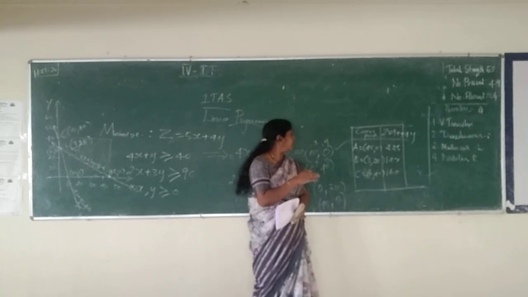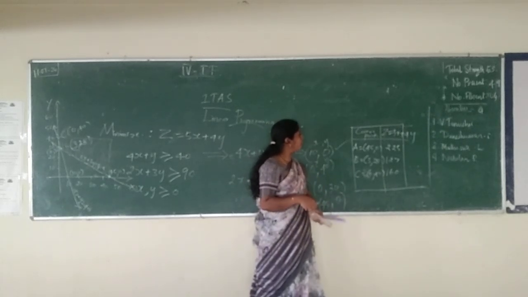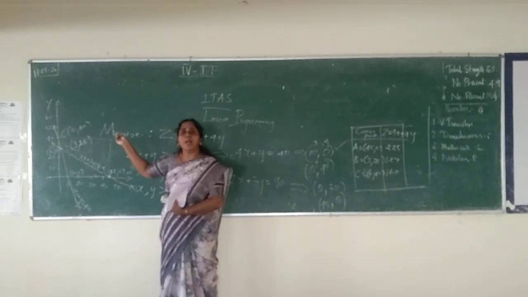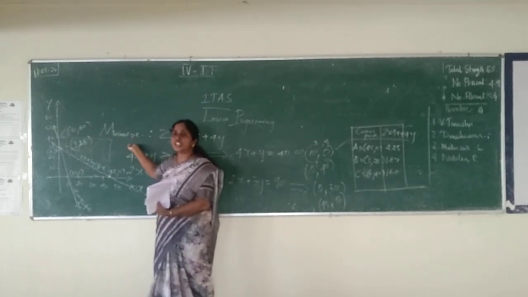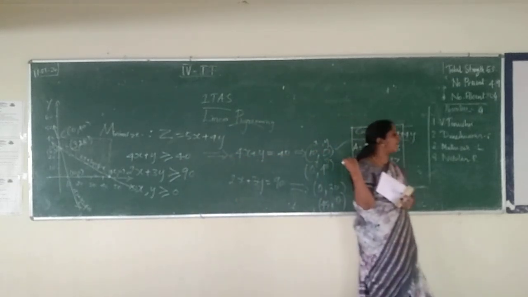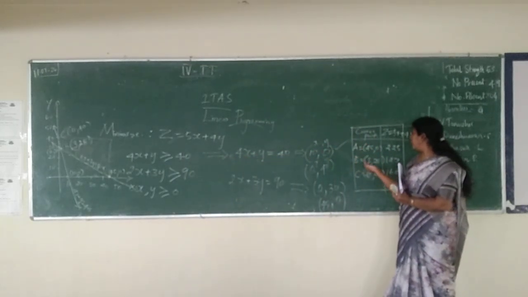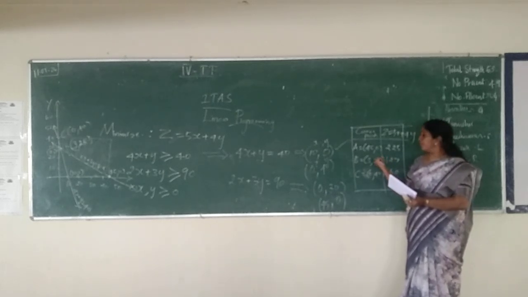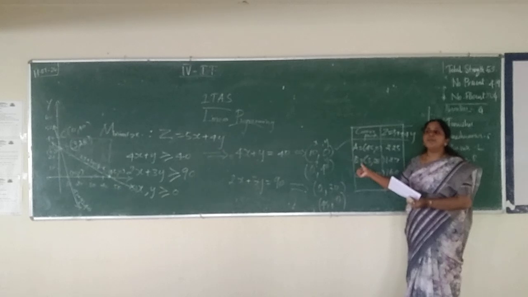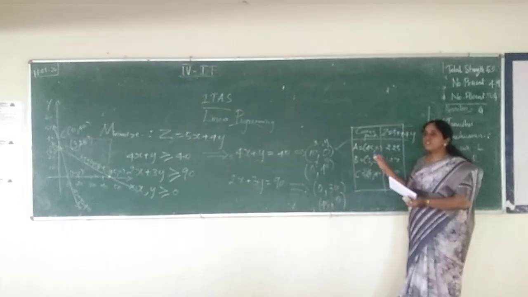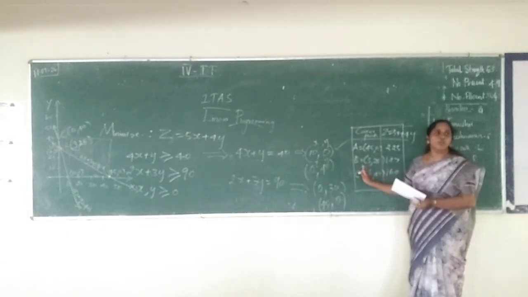So these are the three values obtained for the objective function z. Here the objective function is a minimization function, so we need to take the minimum value of z. The minimum value is 127. So this point provides the optimal solution. When the x value is 3 and the y value is 28, this will provide the optimal solution.